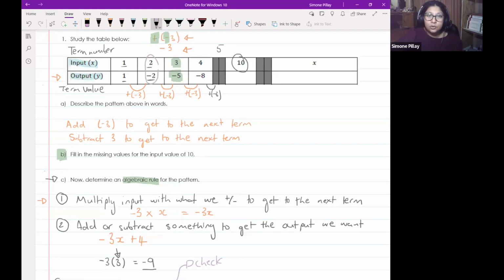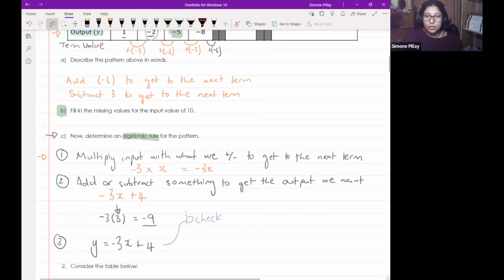When my input is 2, I want my output to be -2. So let's check this. I have y equals negative 3x plus 4. Now let's see what my equation gives me when I put in this input of 2. That is going to give me negative 3 times 2 is negative 6, plus 4. Somebody tell me what is negative 6 plus 4?